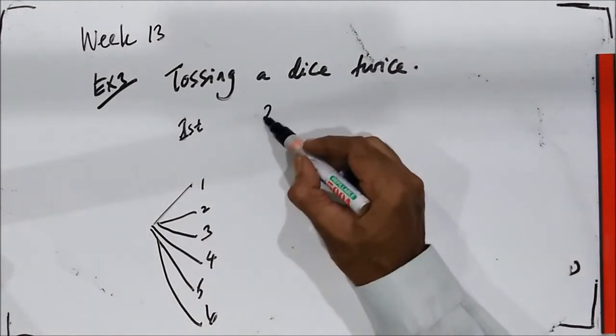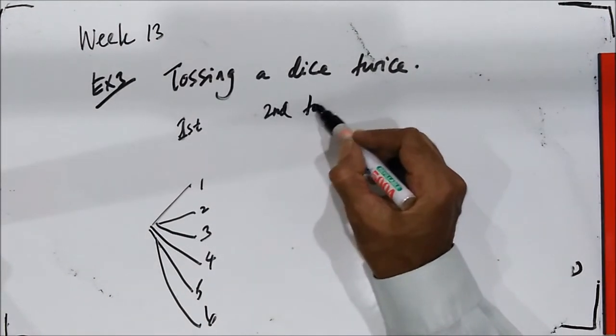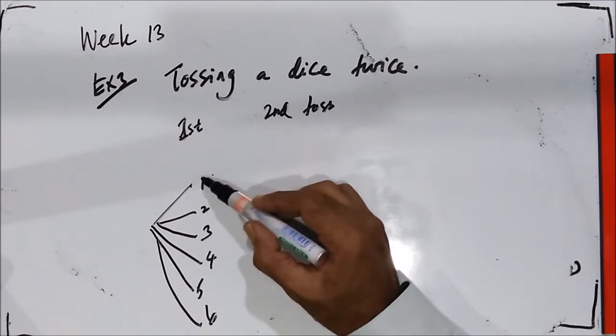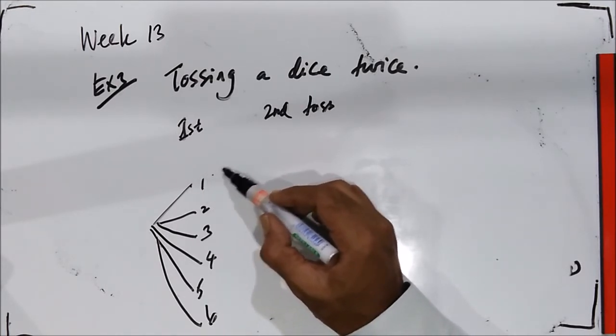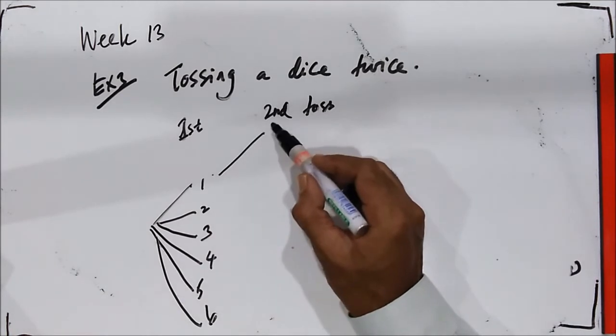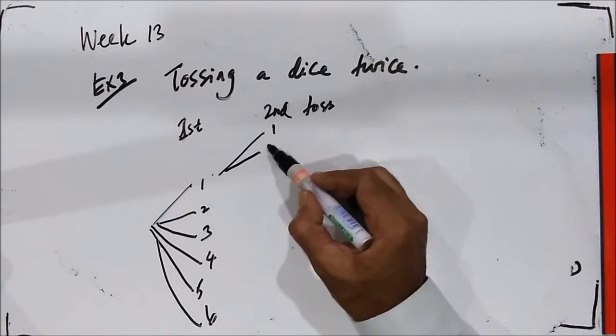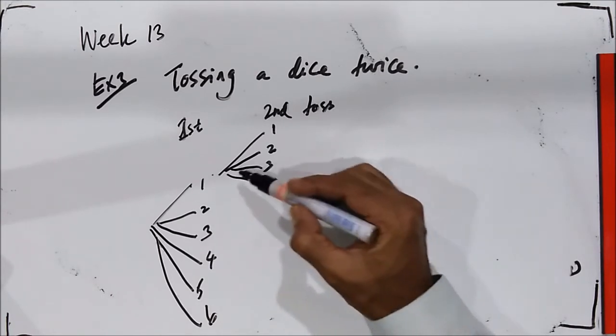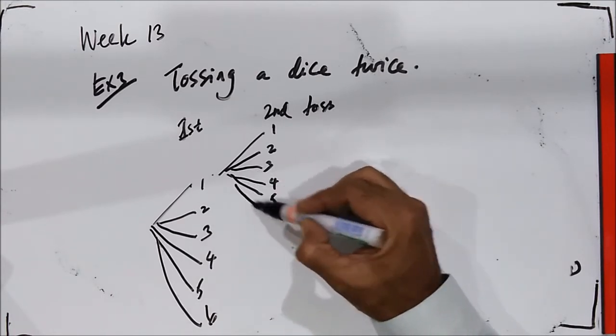And for the second toss, if I get number 1 in the first toss, I can possibly get number 1 in the second toss, or number 2, or number 3, or number 4, or number 5, or number 6.